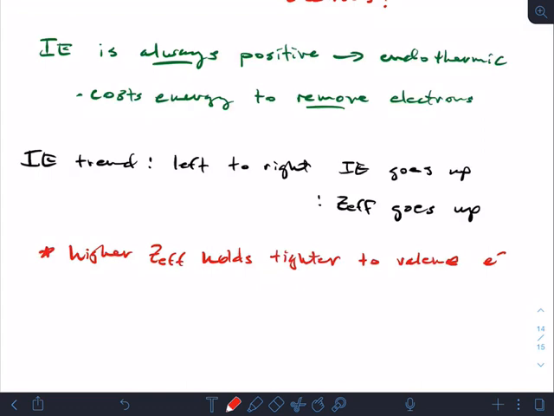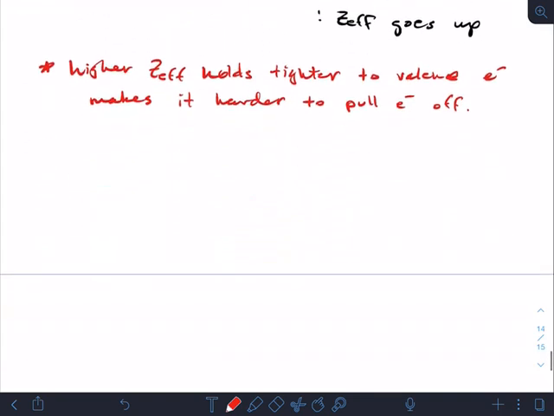So if Z effective is holding tighter to the valence electrons, that makes it harder to pull electrons off. That's a very important aspect. Z effective goes up, that also forces ionization energy to go up.